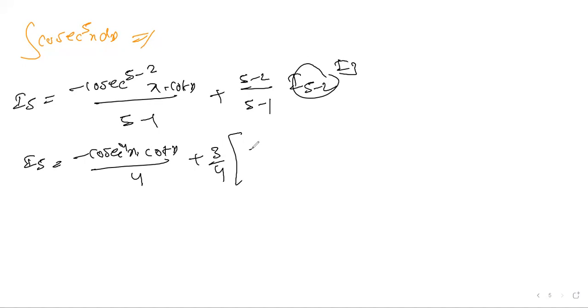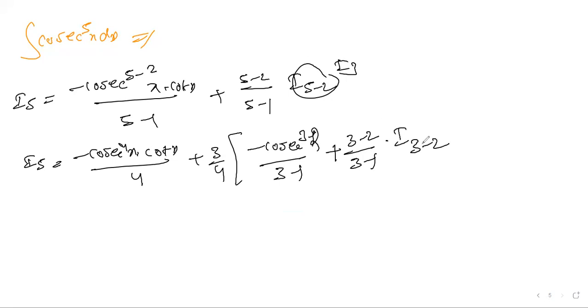Please substitute the formula again. I3 is equal to minus cosecant power 3 minus 2 x cot x by 3 minus 1, plus 3 minus 2 by 3 minus 1 into I 3 minus 2. Am I clear? Still clear? Now we have the I value.